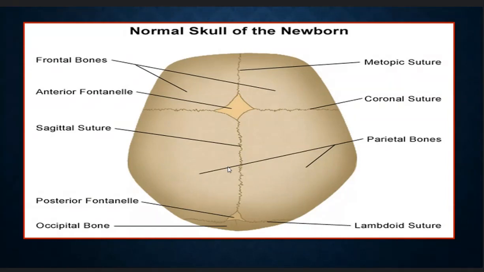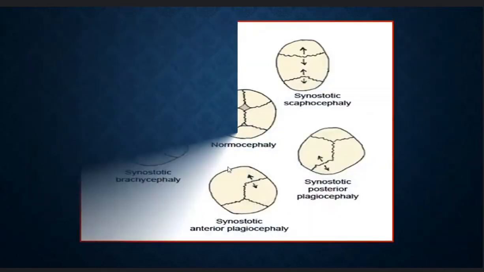Craniosynostosis is premature fusion of the sutures of the skull. If all sutures close prematurely at the same time, it gives a small head, microcephaly. But if one suture closes and the others are still open, this leads to abnormality in the shape of the head. We have a lot of abnormalities caused by craniosynostosis.